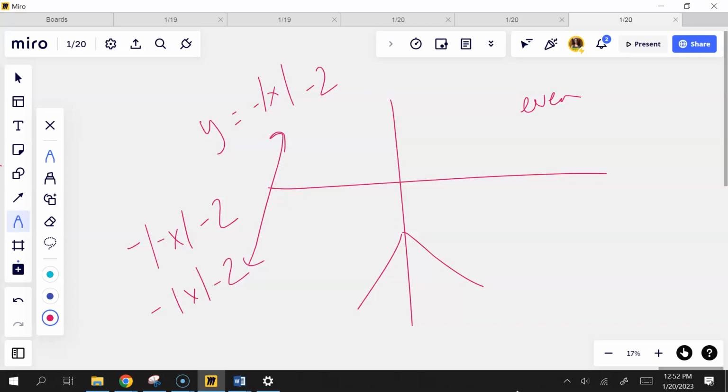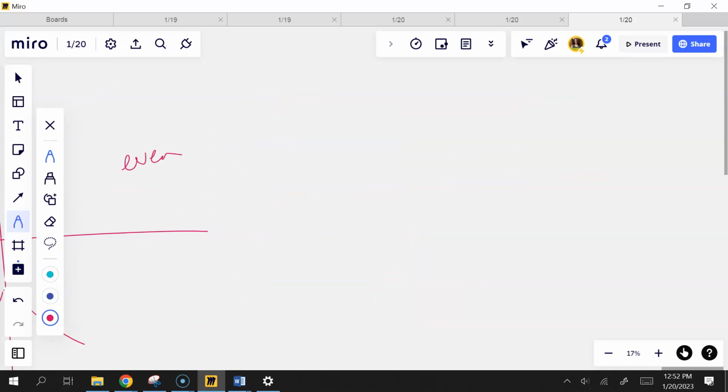All right, let's do some just algebraically, because that seems to be where we're getting stumped. F of x is x cubed minus x. Is it even, odd, or neither? Why?